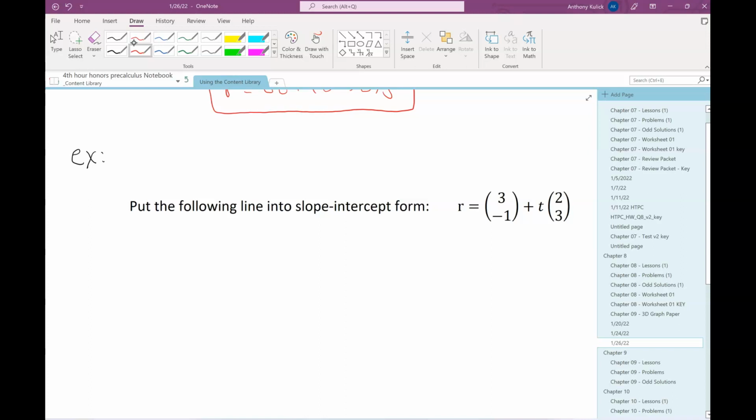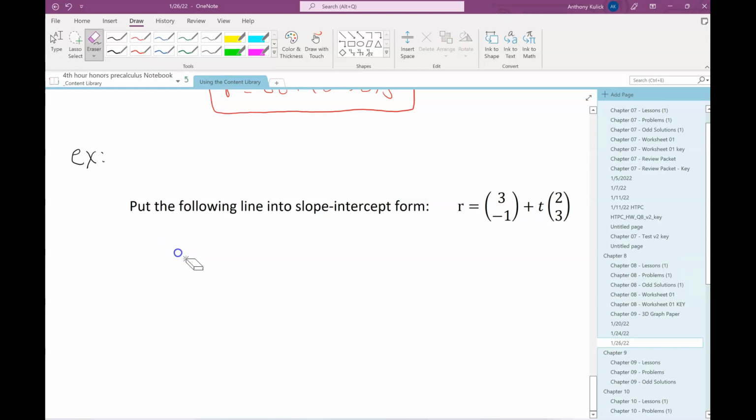To write an equation for a line in slope-intercept form, you need two pieces of information, right? You need either a point and a slope or two points, correct? You can get either set of information from our vector line equation, although I think the easiest thing to do is just go with the point and the slope.